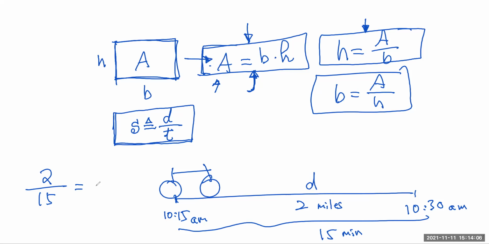If you want to know miles per hour, we just multiply by 60 minutes, because this is miles per minute, and each hour is 60 minutes. So we multiply by 60. In this case, it's 8 miles per hour. Okay, so it's kind of decent, right?